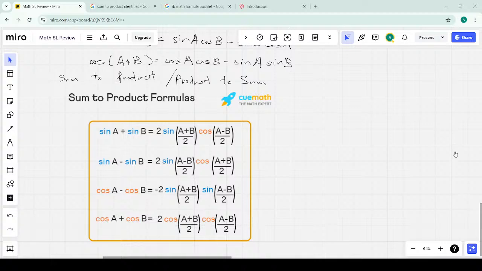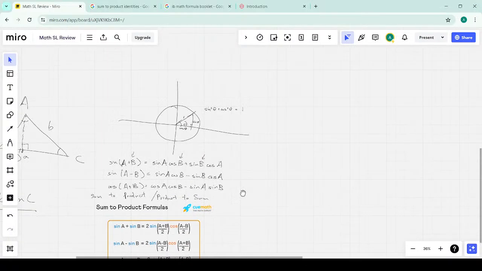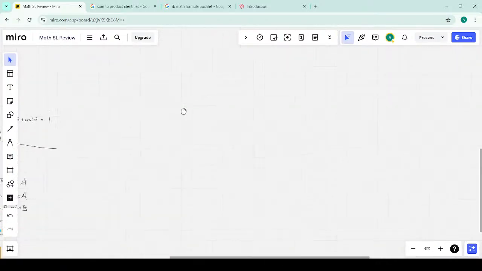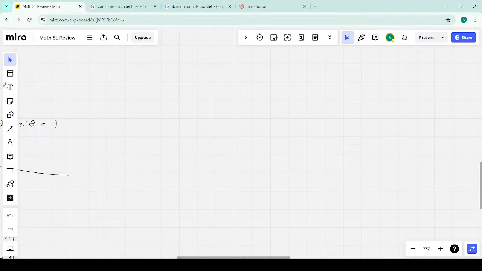Okay. Can I go over logs? Yeah. So logs, let's see. Go over here. So logs and exponents.